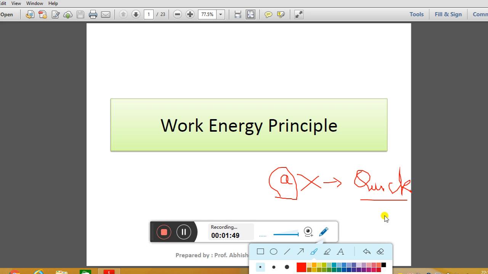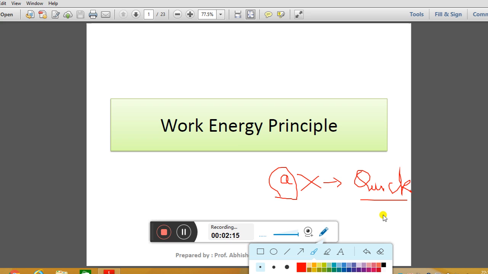In this module we will also study the conservation of energy method for making the analysis when all the forces involved in the system are conservative.